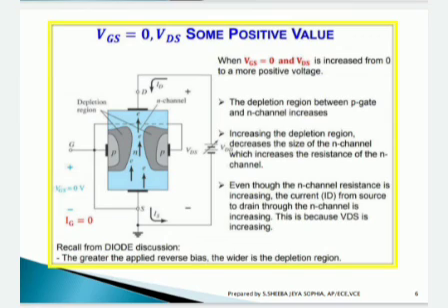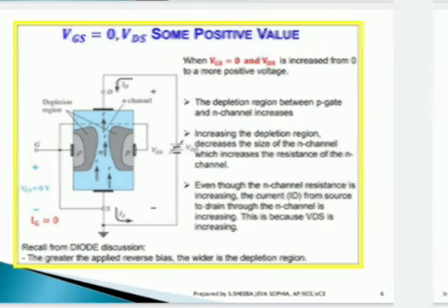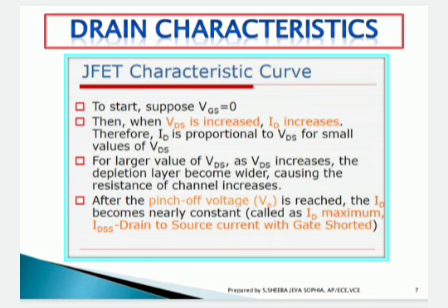So moving to the characteristic curve, that is, the drain characteristics. As I have mentioned, drain and transfer characteristics are the two important characteristics. Here, in the drain characteristics, to start, suppose VGS is equal to 0 volt, then VDS is increased, which results in ID increasing. Therefore, ID is proportional to VDS for small values of VDS.